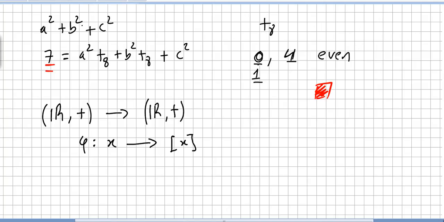You can check. This is not a homomorphism.